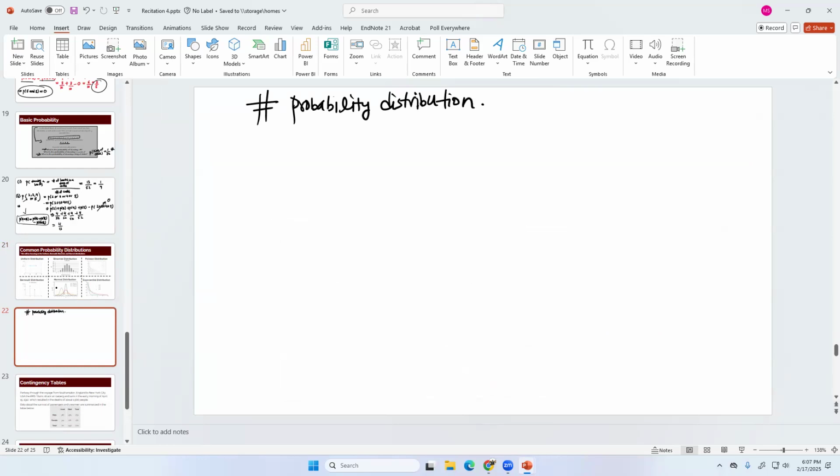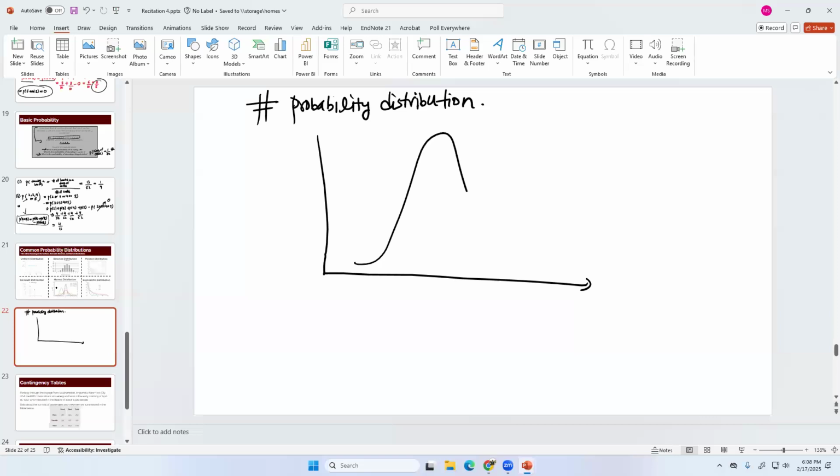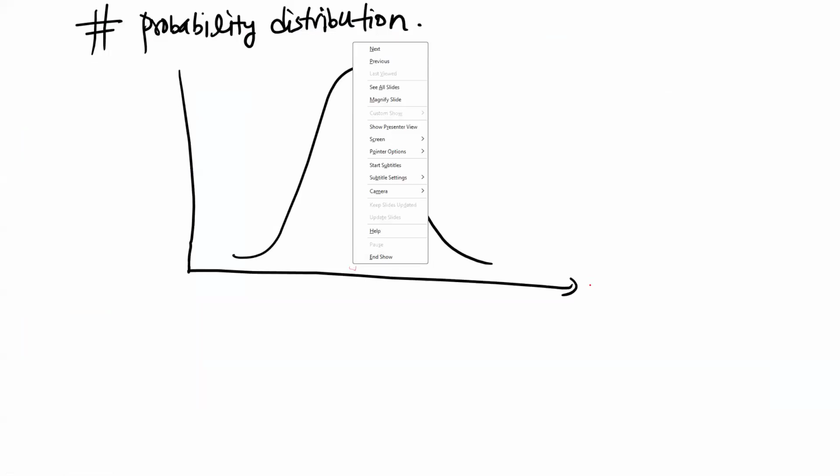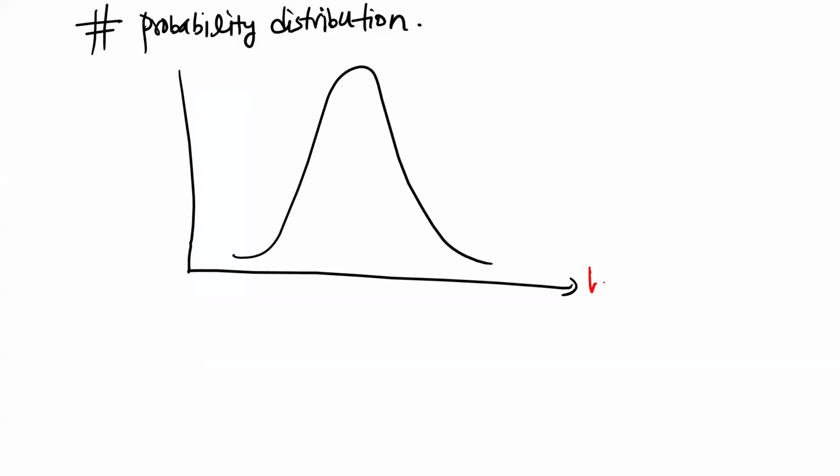Let's say we are working with the variable height, and the height variable has this distribution.